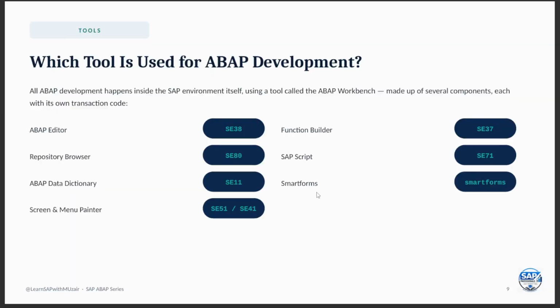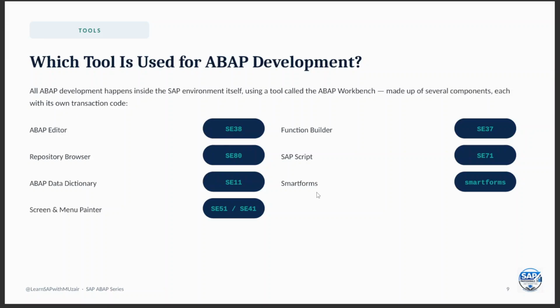One last important thing before we wrap up: which tool do you actually use to write ABAP code? It's a very important question. ABAP development happens inside the SAP system itself using something called the ABAP Workbench.